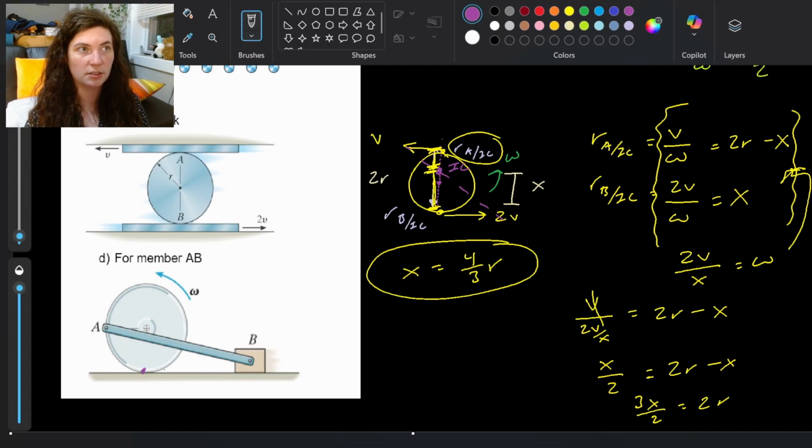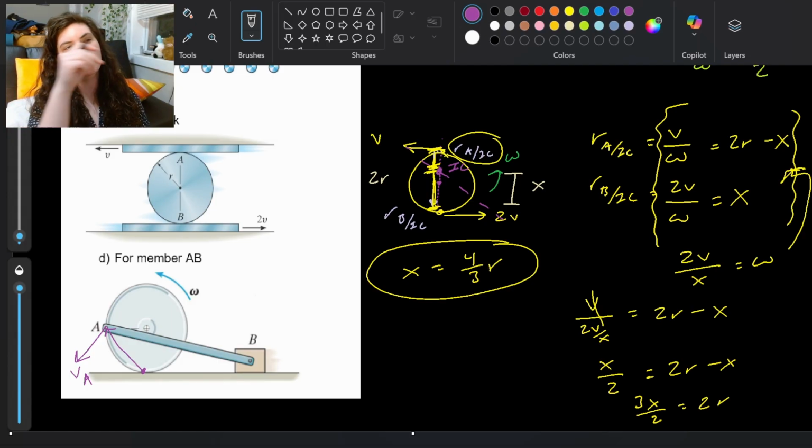It's right there, that point on the ground is the IC for the disk, for the way that the disk is moving. So if we remember, we can come from this IC of the disk to point A to find where velocity A is pointing. So the velocity of A is perpendicular to that.